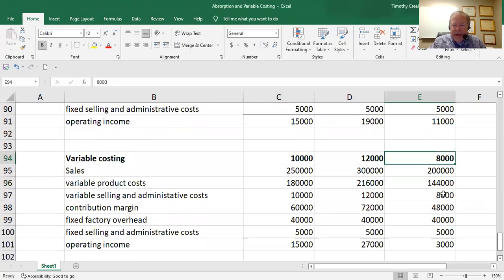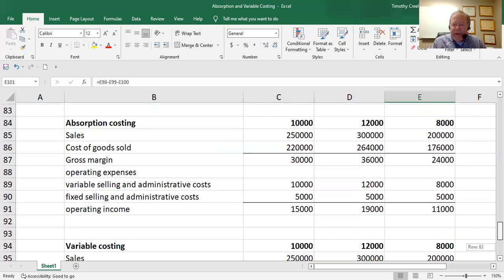We would take the 8,000 times the $1 per unit variable selling and administrative cost, and we'd get 8,000. So 200 minus 144 minus 8 would give us 48,000 total contribution margin. Then we would back out again the total fixed factory overhead of 40,000, the 5,000 for fixed selling and administrative cost, and we would come back to $3,000 operating income.